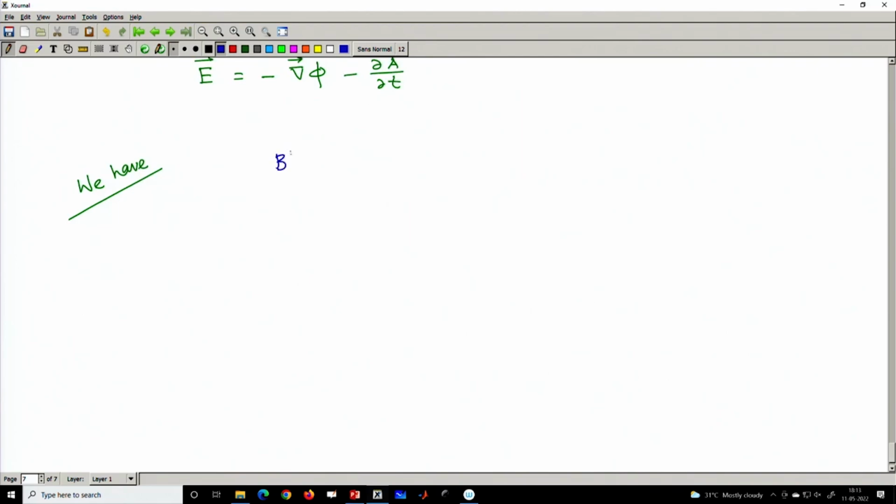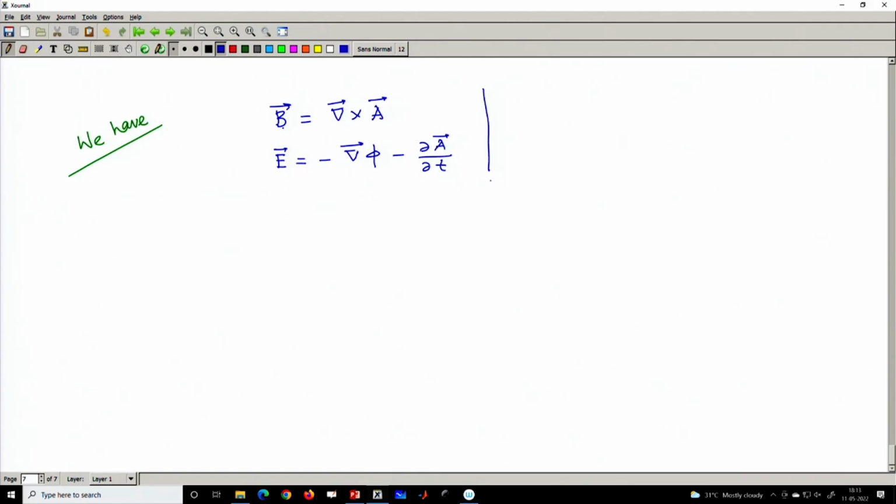B is now curl of A, and E is now minus gradient of phi minus del A del t. Both equations we derived earlier, but now I am writing them again, and this is the way one can write the electric and magnetic field in terms of the vector and scalar potential.